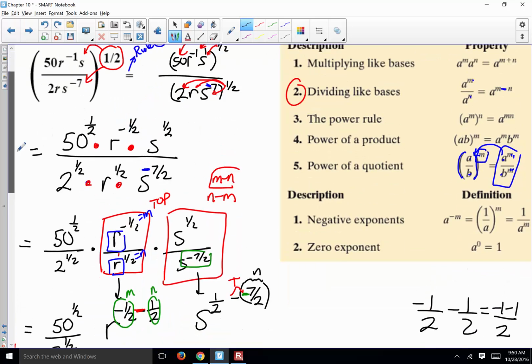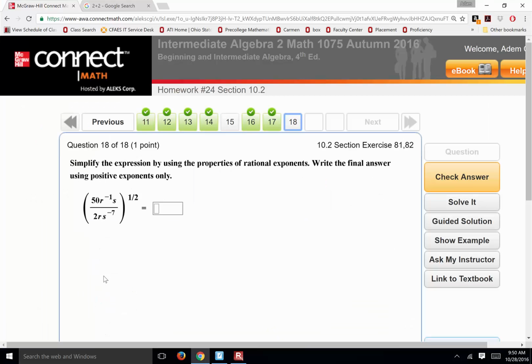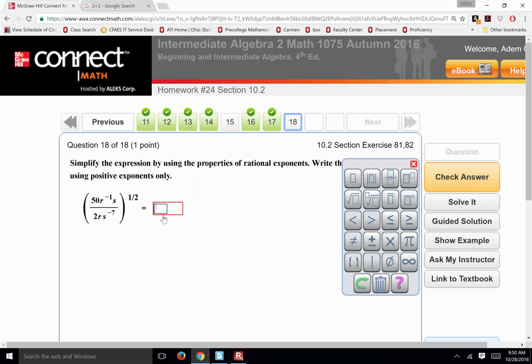Okay? This mess turns into such a beautiful answer. 5s to the 4th over r. Yeah, bad idea. You need to start with this one.